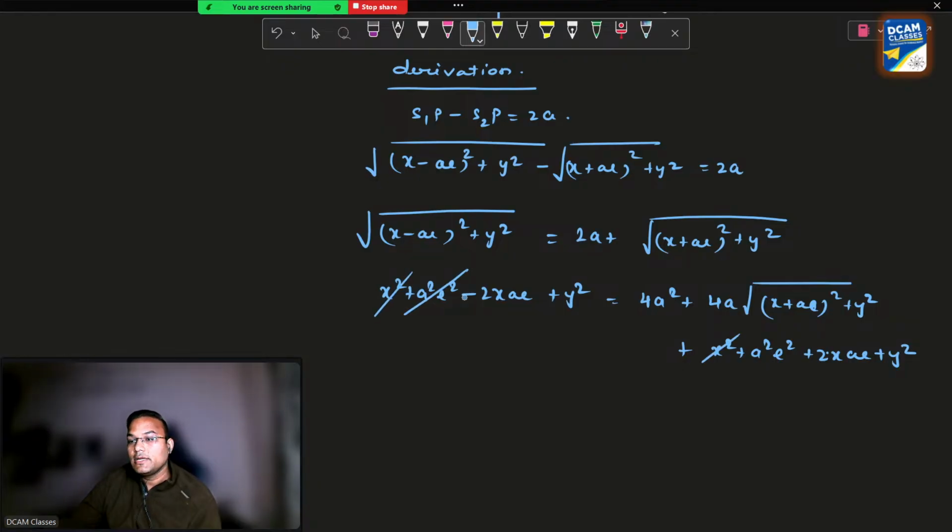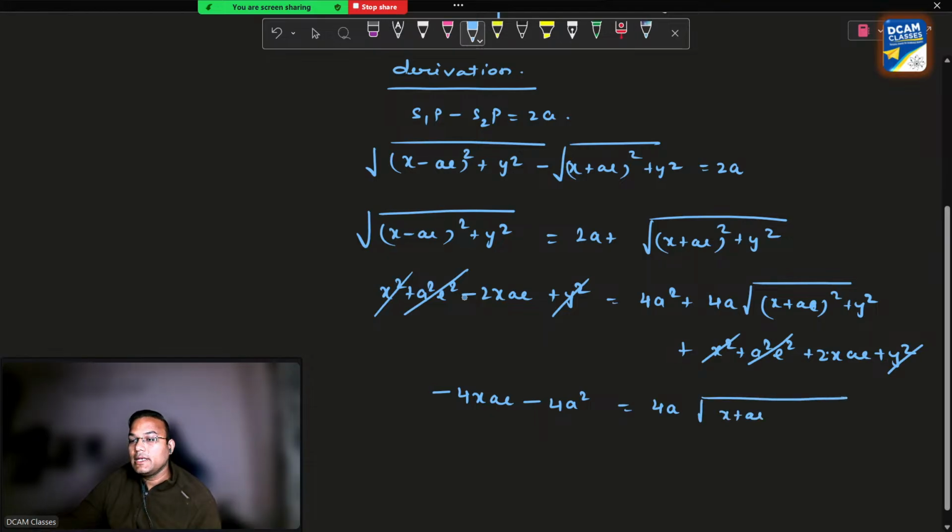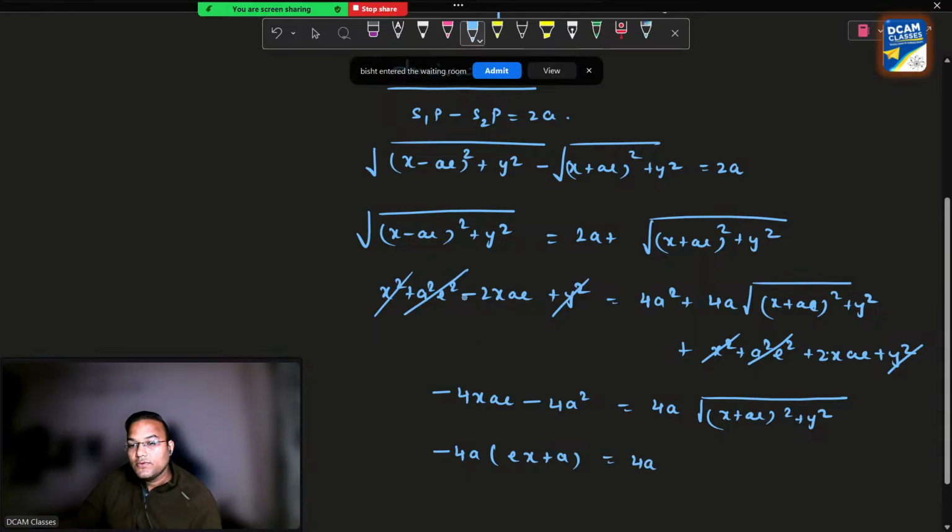The x square, a square e square, and y square terms will cancel out. So it will be minus 4xae minus 4a square is equal to 4a root over (x plus ae) whole square plus y square. Minus 4a I'll take outside: (ex plus a) is equal to 4a.